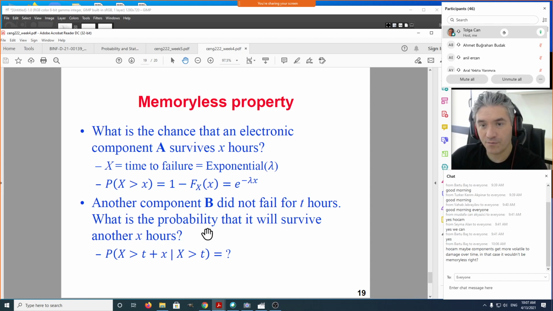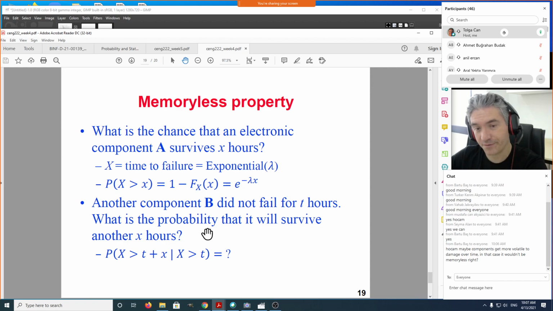This is really counterintuitive in the case of mechanical things. Modeling them with an exponential will not make sense. If you bought something brand new, it will not have the same time to failure exponential random variable as another device that has been working for 2 years with no failure.